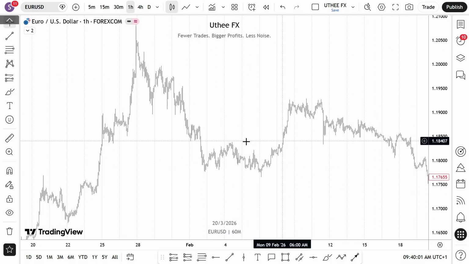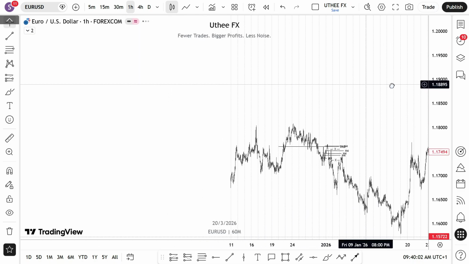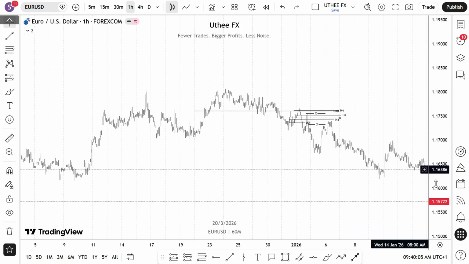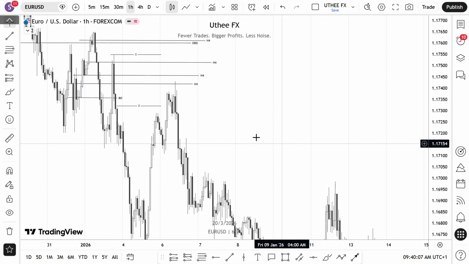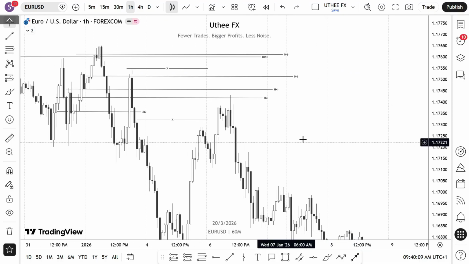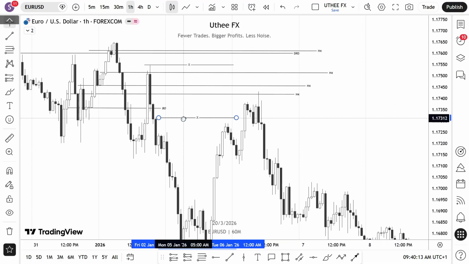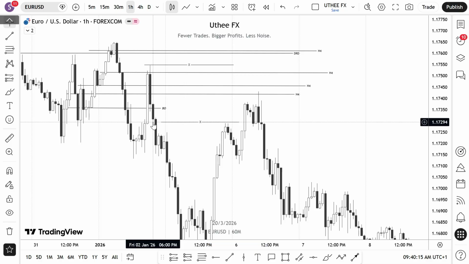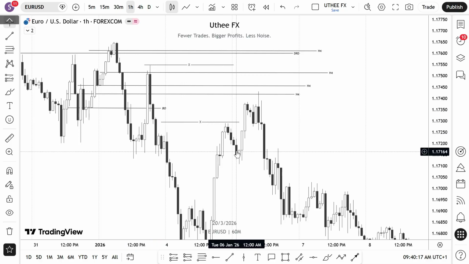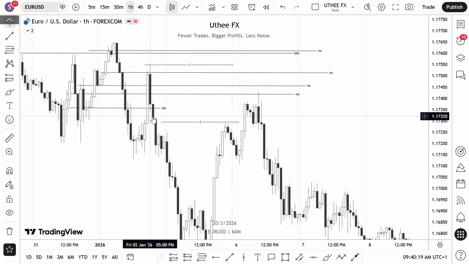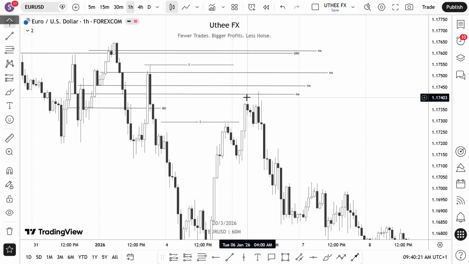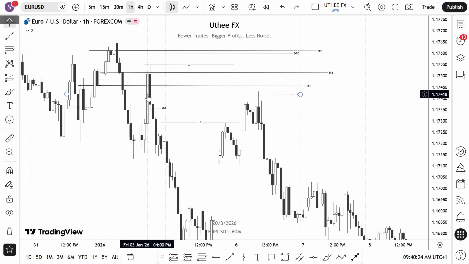See, it used the whole of the previous day here as inducement, attacks liquidity, rebalances and holds imbalance at a specific pricing level.